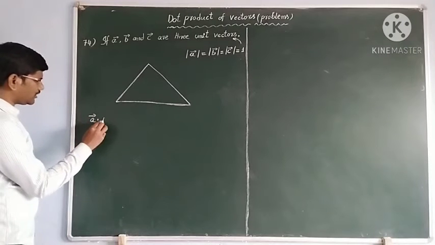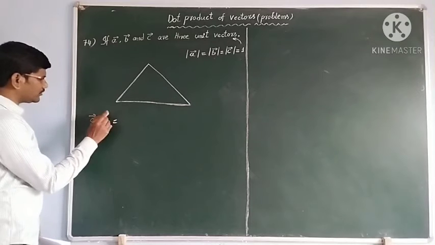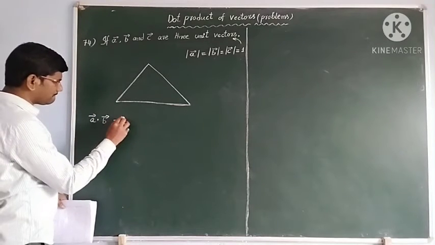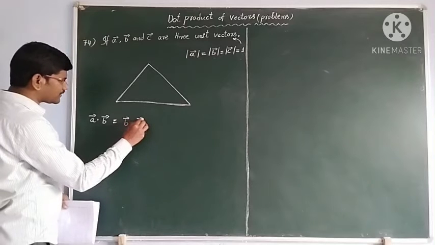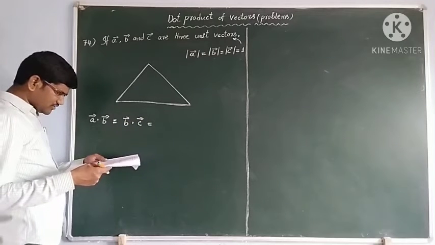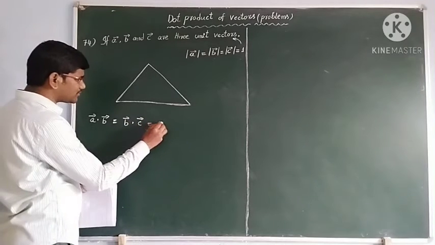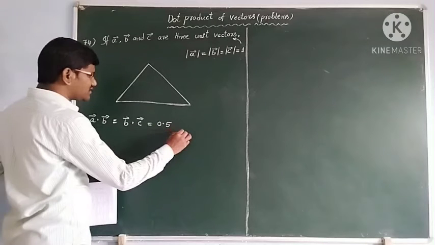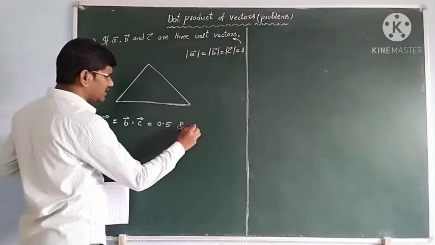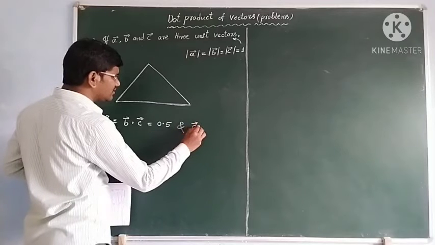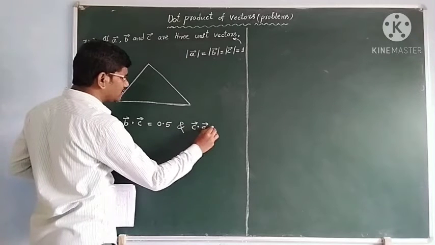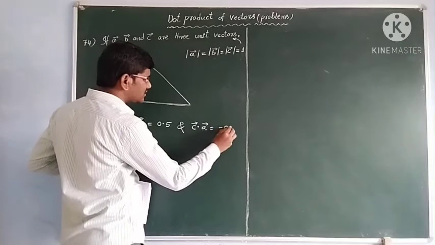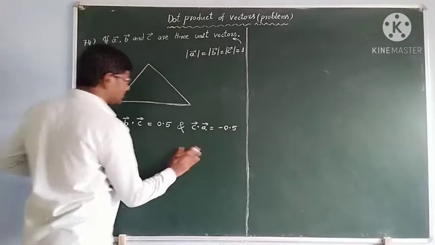a bar dot b bar is equal to b bar dot c bar is equal to 0.5, and also c bar dot a bar is equal to minus 0.5.